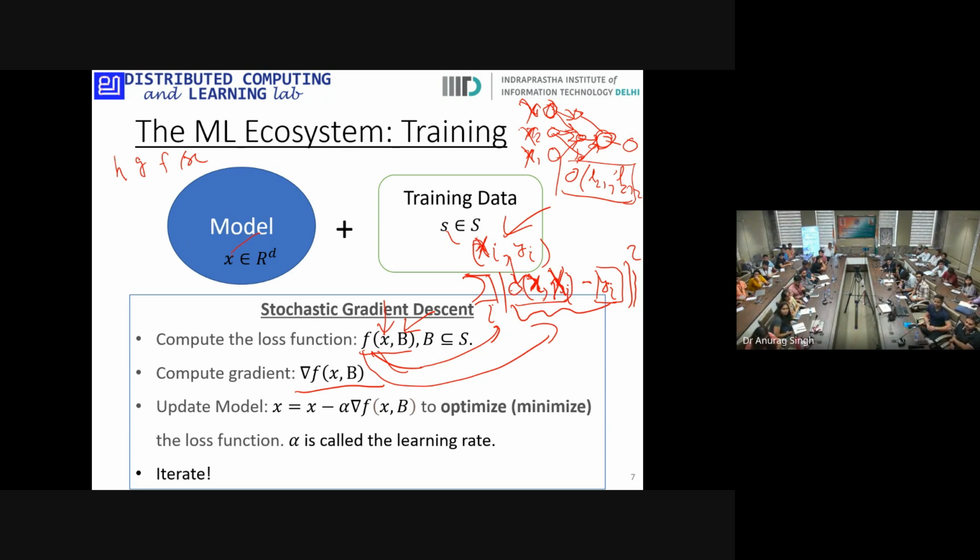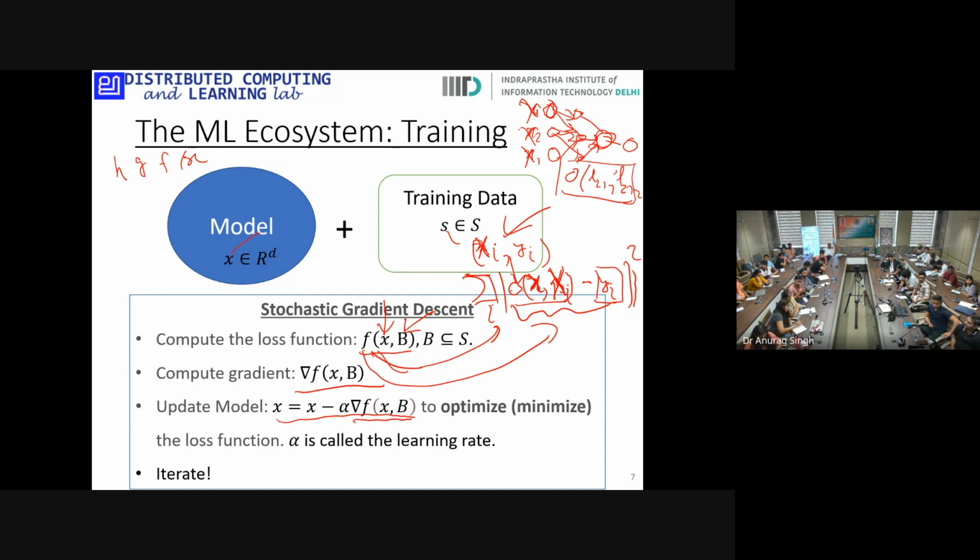For other models, you may not even need backpropagation. If it is a linear function, it is very simple, a one-line gradient computation, and then you update the model using this particular update rule. Essentially, you take the previous state of the model, compute your gradient on a bunch of samples, and multiply that with a dampening factor.